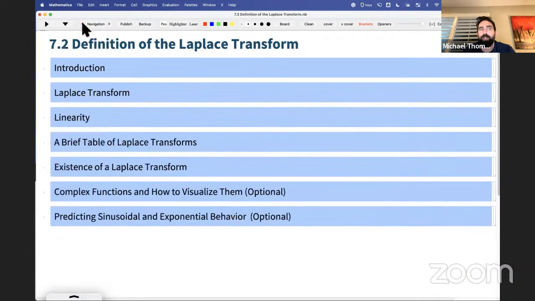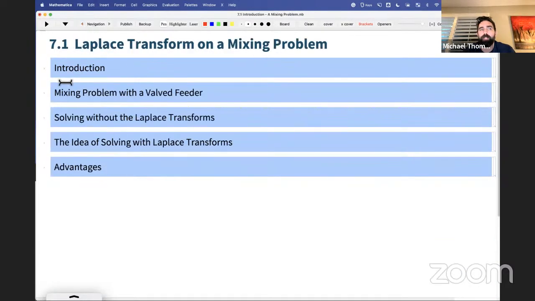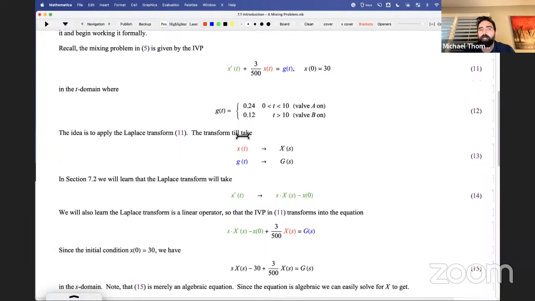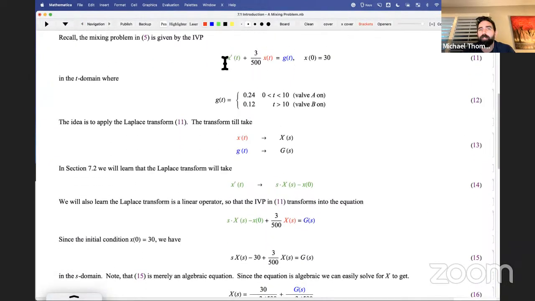If you go back to section 7.1, where I gave you the idea of the transform, remember this is the IVP we were trying to solve. The idea is you want to transform everything inside. There's a bunch of functions in there, so we want to transform all of them into the S domain.